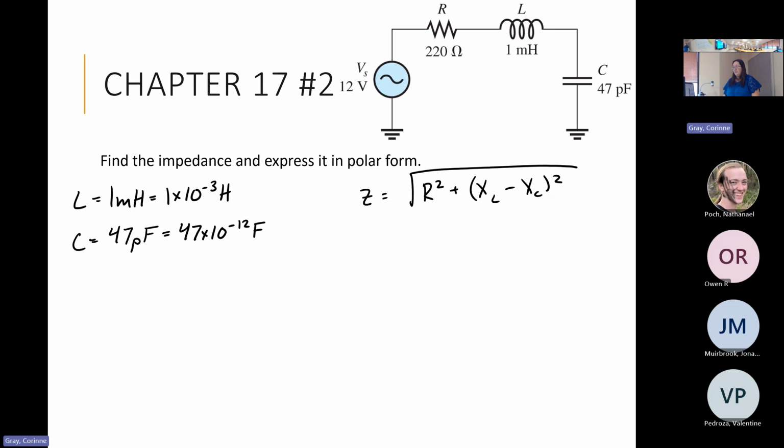Why does the textbook not give us a frequency? I don't know. But here we are, so we can either give ourselves a nice frequency or we can give ourselves a not so nice frequency. What do you guys want to do? Okay, so what do I want to use?